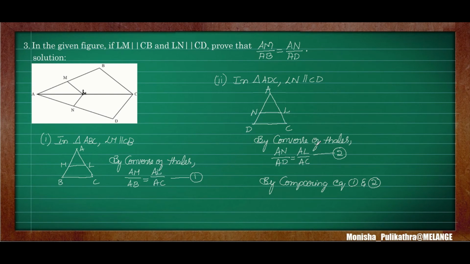So AM by AB will become equal to AN by AD. They have asked us to prove this, so you write it here, hence proved. I hope you understood this.